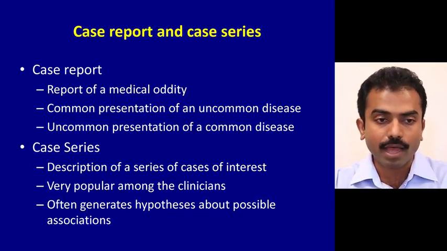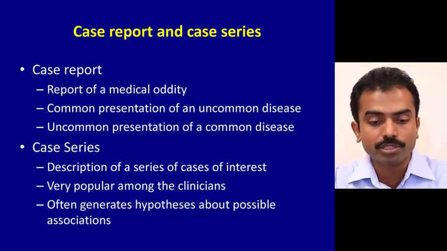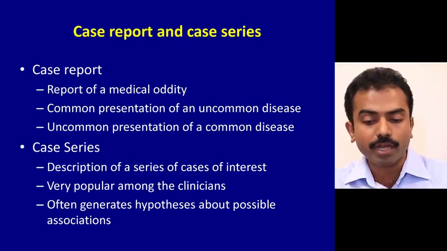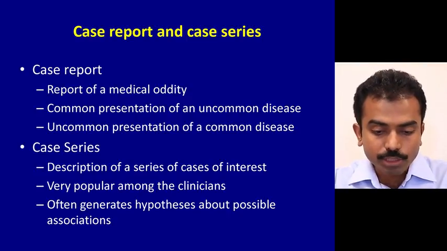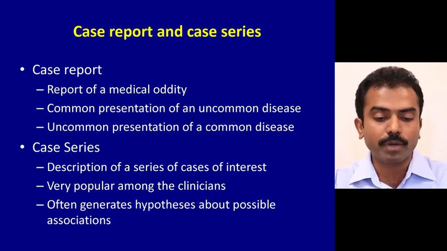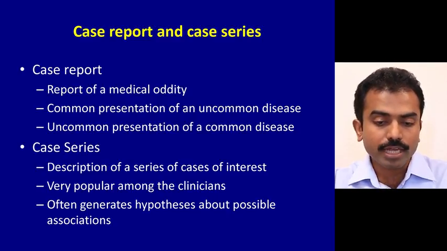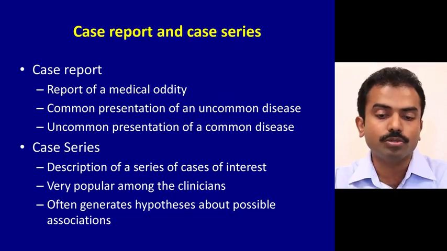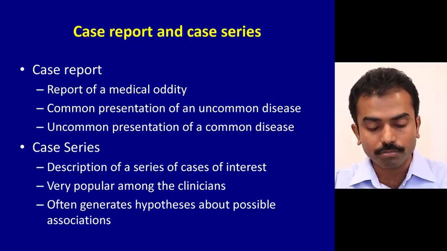Some accident happens and then some part of the brain gets injured and people lose some function. So it is by studying such people that we are now able to map out what are the normal functions of the brain. And such things are usually the topic in case reports.